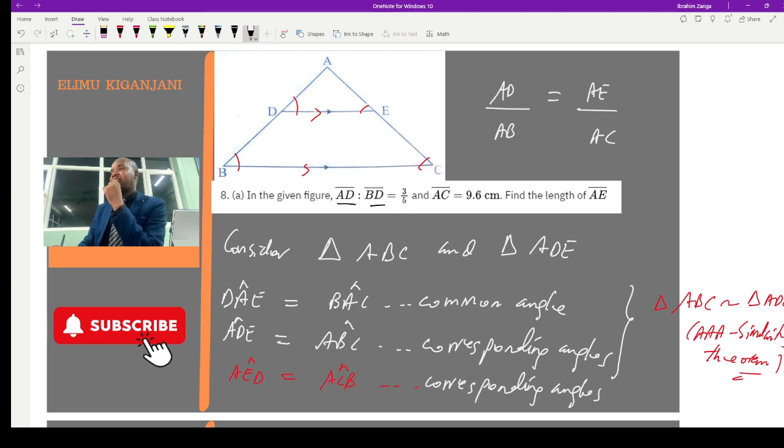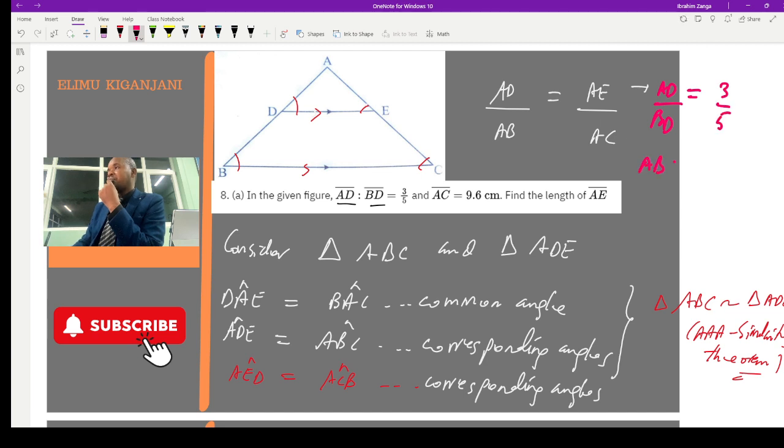But we are given AD to BD, which is 3/5.